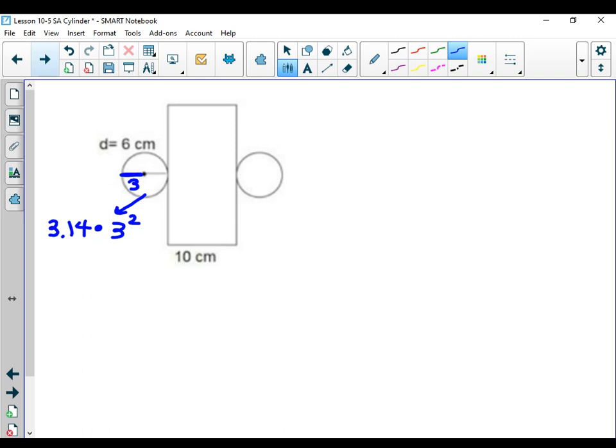Circle number 1. Three times 3, 9. 9 times 3.14. 28. Circle number 1.